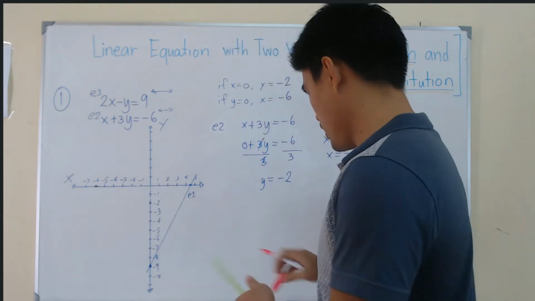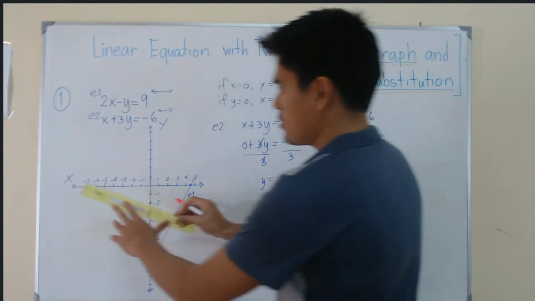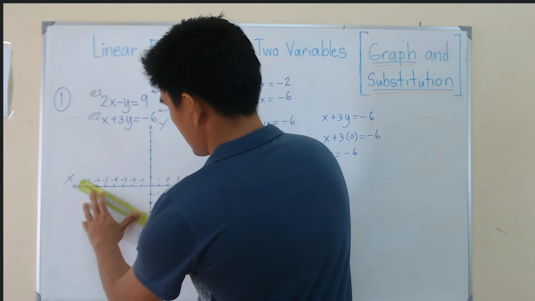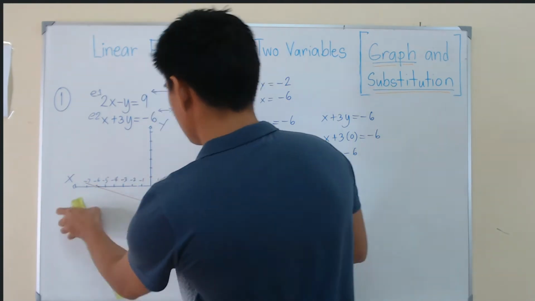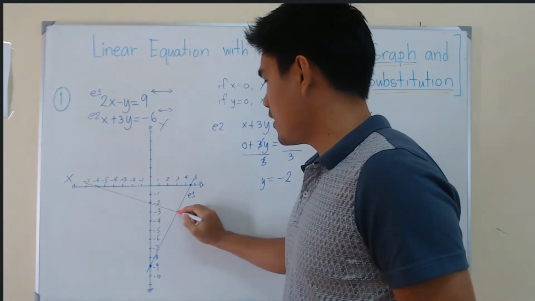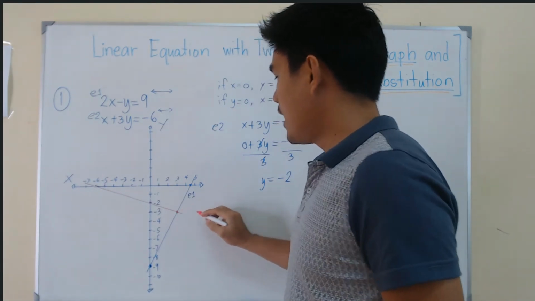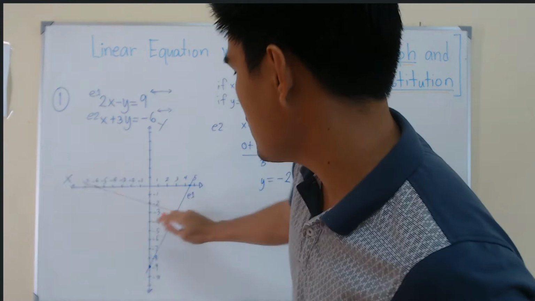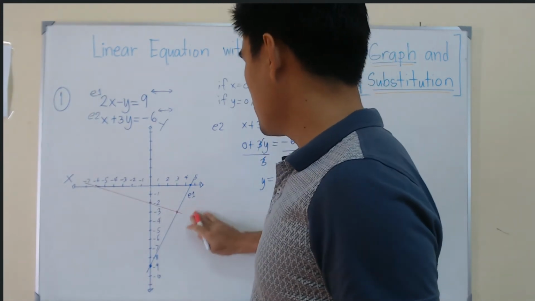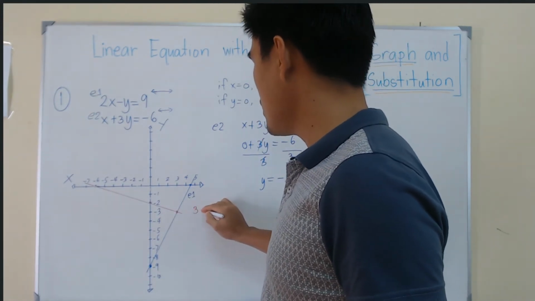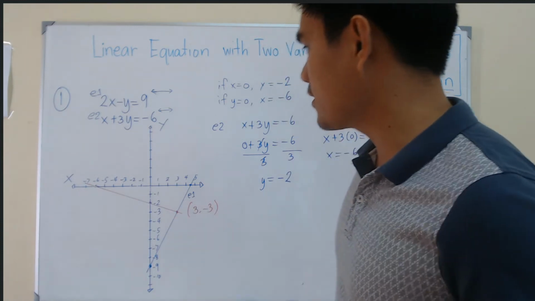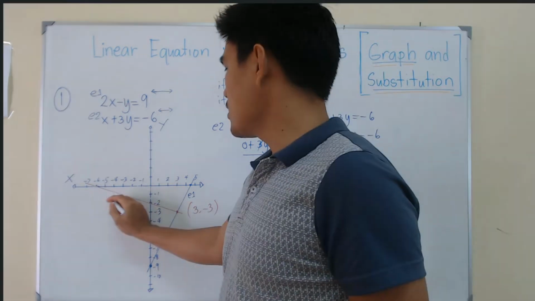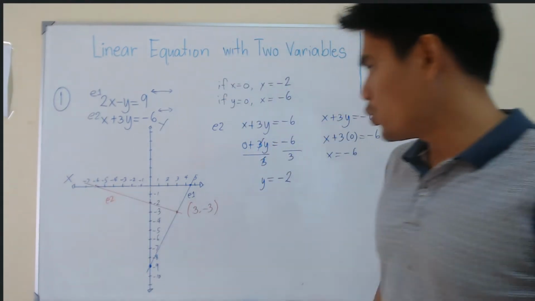We're going to connect the dots. Okay, so this is their intersecting point, and we guess it is about x is 3 and y is negative 3. Okay, that is the intersecting point. This is equation number 2.